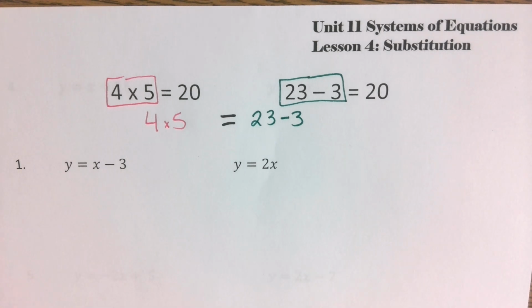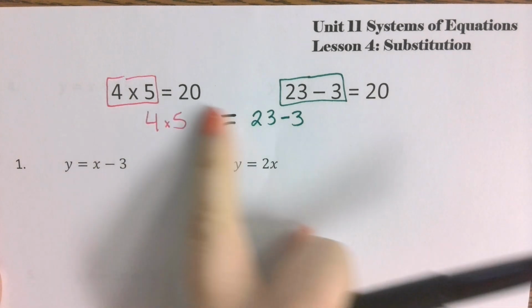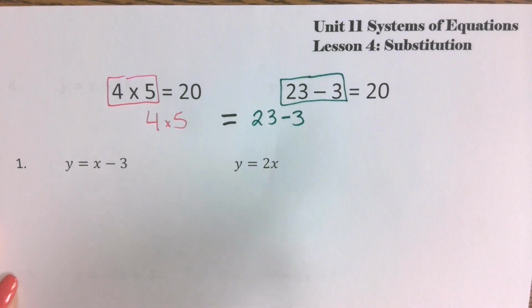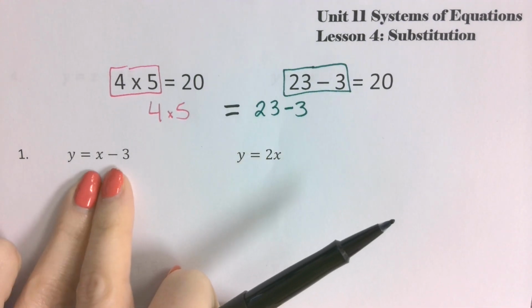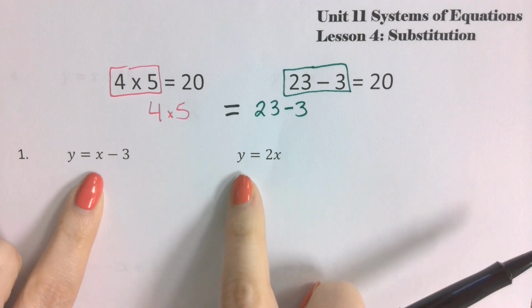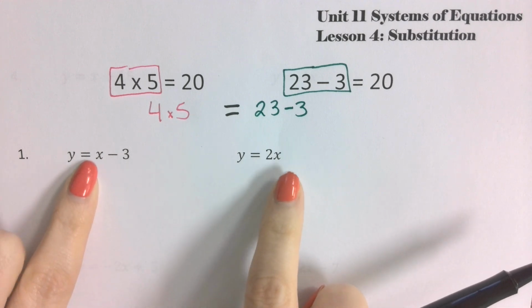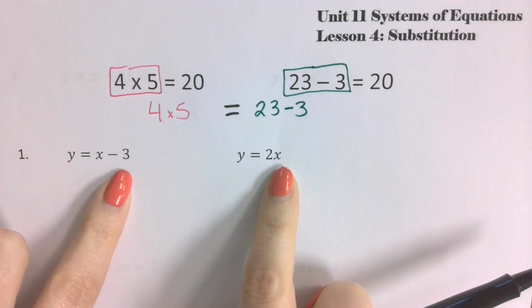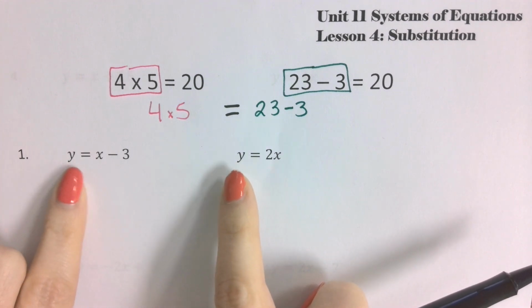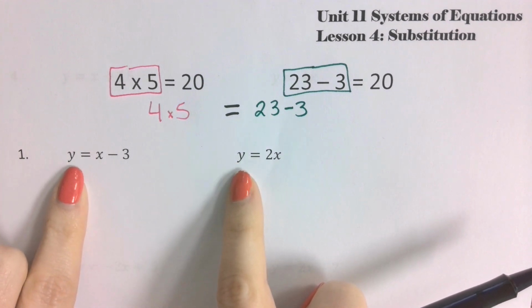So it's the same thing when you're dealing with your systems, except you're not just dealing with numbers, you actually have variables involved. So in a situation like problem number 1, I've got y is equal to x minus 3, but I also have that y is equal to 2x. So these are two different ways to be able to solve for the same value. Y is a value, we just don't know what the value is.